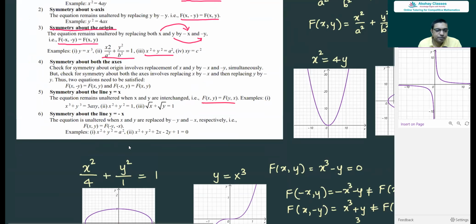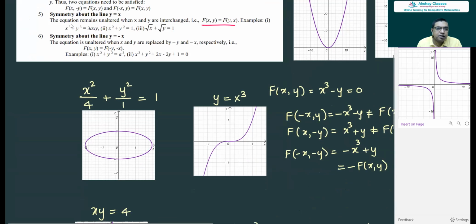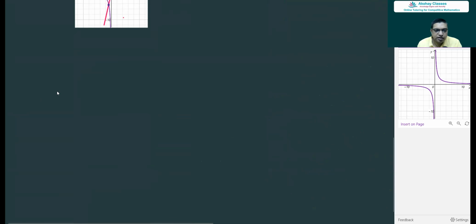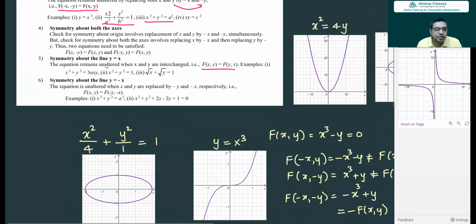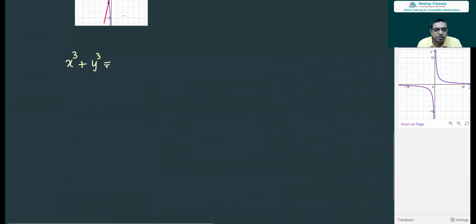This we know anyway, x square plus y square equal to 1. We can plot this one. x cube plus y cube is equal to 3axy. So I will write x cube plus y cube is equal to 3xy.